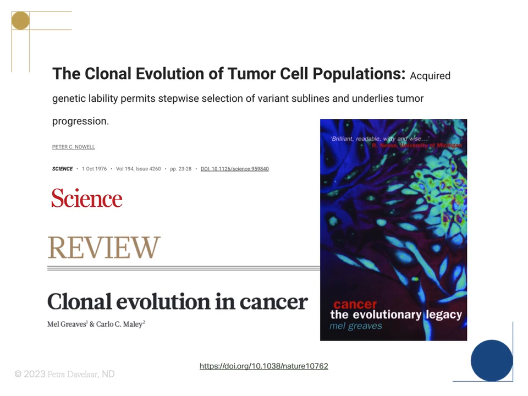He was not the first. Peter Nowell, Mel Greaves, seen as the father of the evolutionary theory of cancer, and many others have published papers and books since 1976. Their premise is that cancer is the result of clonal or somatic evolution, which is explained as the process of sequential acquisitions of vertically transmittable genetic and epigenetic elements in multicellular organisms.